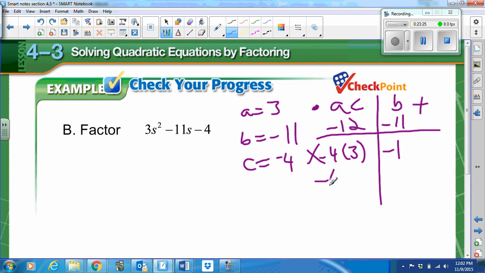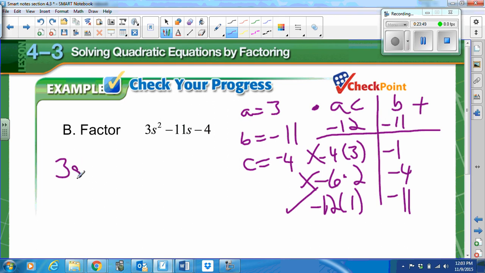So let's look at negative 6 times 2. That multiplies together to give us negative 12, but negative 6 plus 2 is negative 4. So that's not it. So let's try negative 12 times 1. That multiplies together to give us negative 12, and it adds together to give us negative 11. So that's what we want to use.